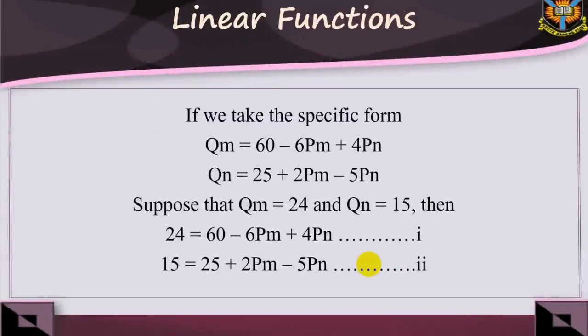Suppose that Qm equals 24 and Qn equals 15. Then 24 equals 60 minus 6PM plus 4PN as equation 1. 15 equals 25 plus 2PM minus 5PN as equation 2.